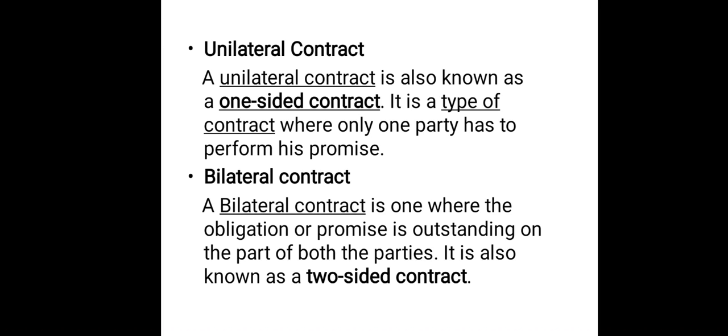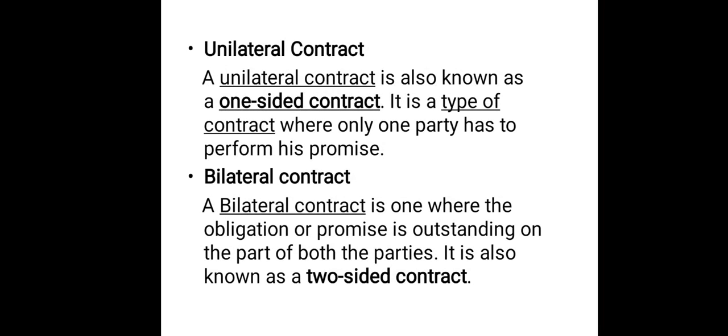This kind of offer goes out to everyone. So anybody who finds the product and gives it to that offering person, that person must be paid the money. This is unilateral, a one-sided contract.